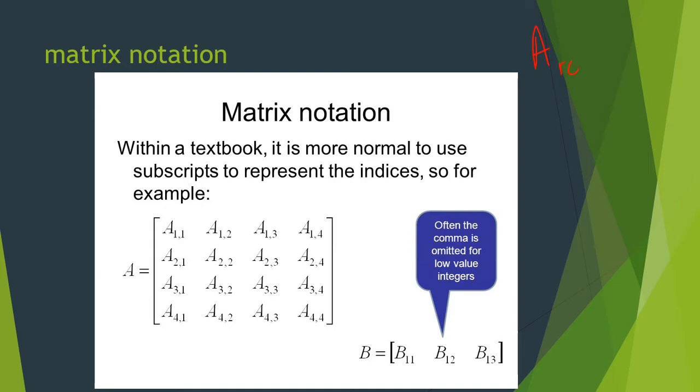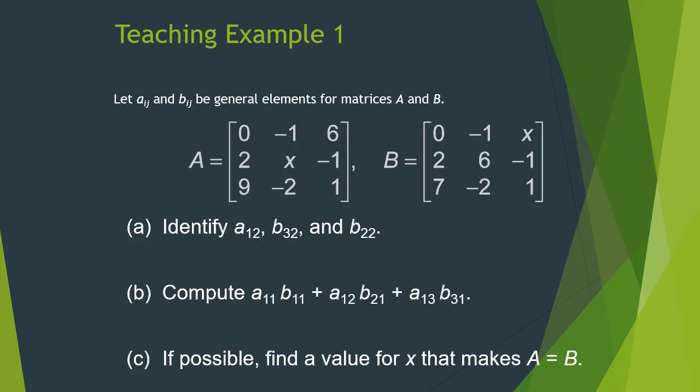Some elements are also used with the lowercase letter, so it may be a row column or lowercase b row column, it doesn't really matter. The letter is just telling you what matrix to look at. For example, this says identify element A12.